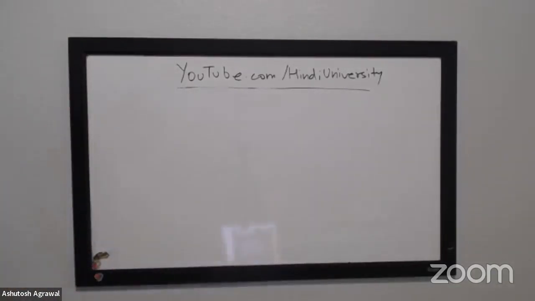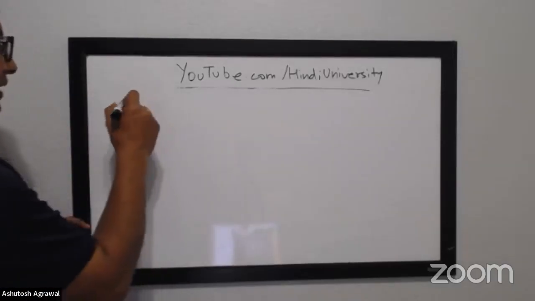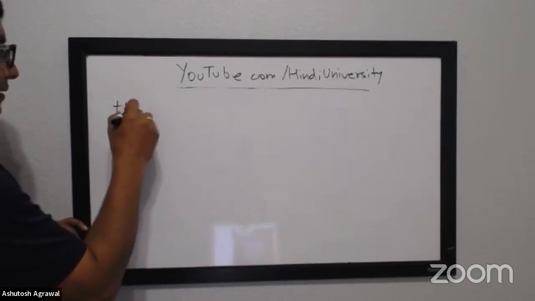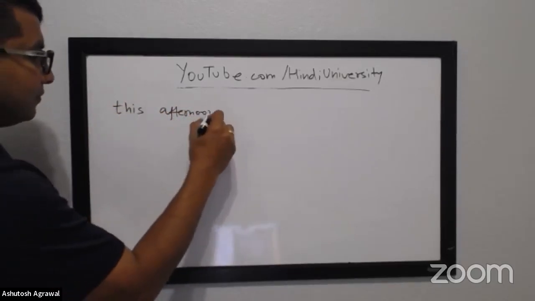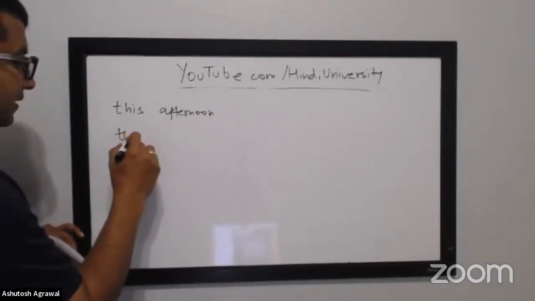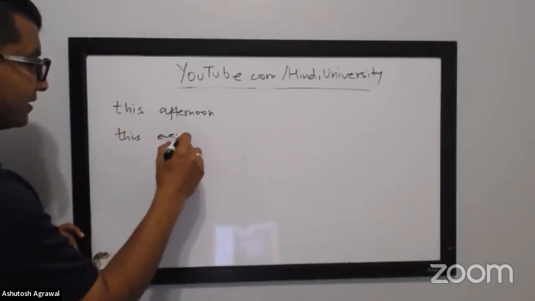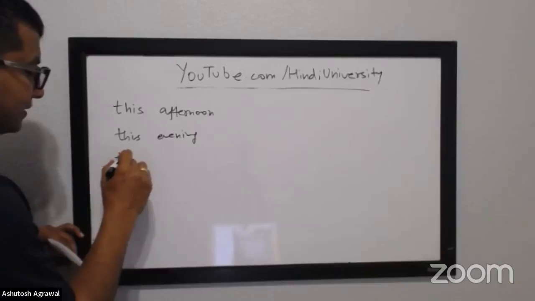Let's just go over it. Let's say you want to say this afternoon. I'm going to write all of them together: this evening and this night.